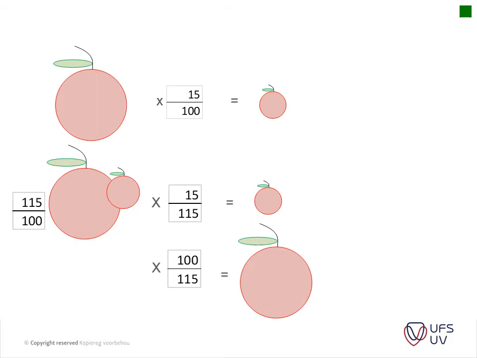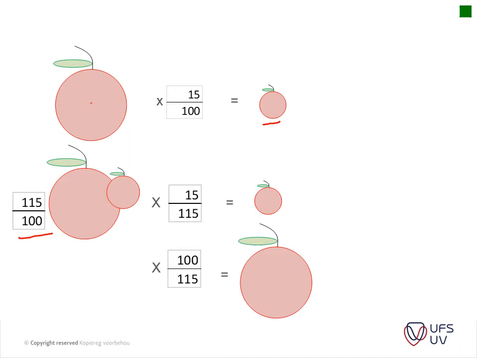So basically here's what I wrote out. Here you've got your apple, you times it with 15 over 100, which is 15%, and you get 15% on this side. That's very good, no problems there. But here you've got your 115 over 100.